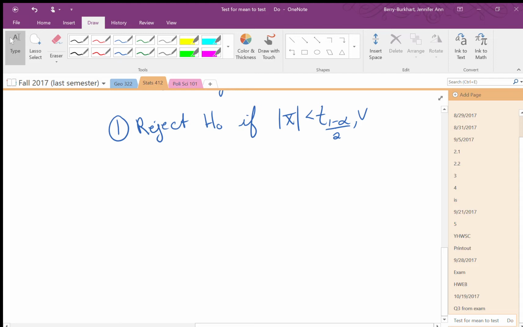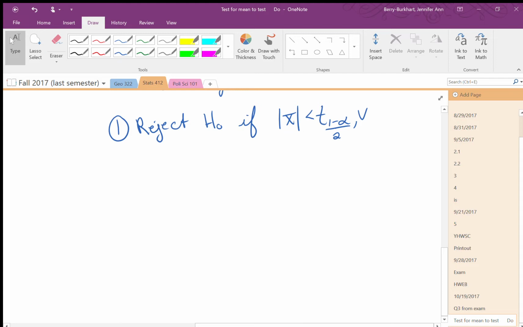And 3, I'm going to reject H naught if x bar is less than minus t 1 minus alpha nu. Okay.